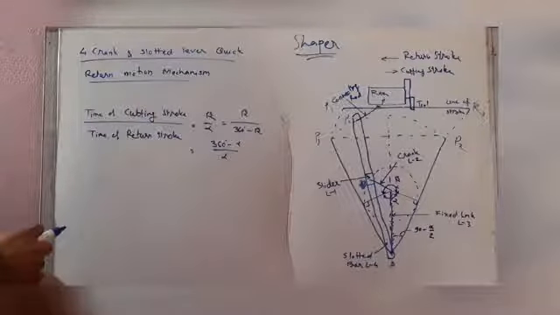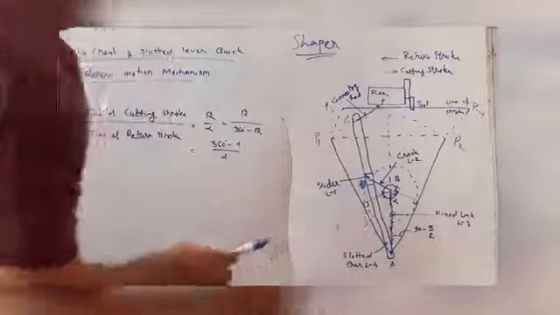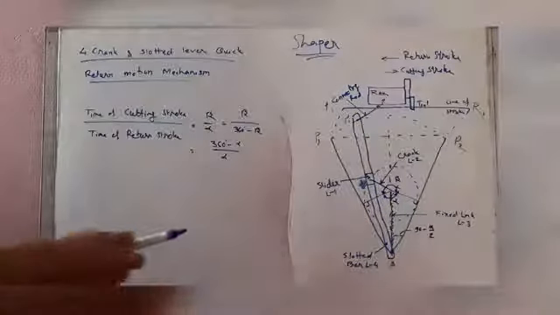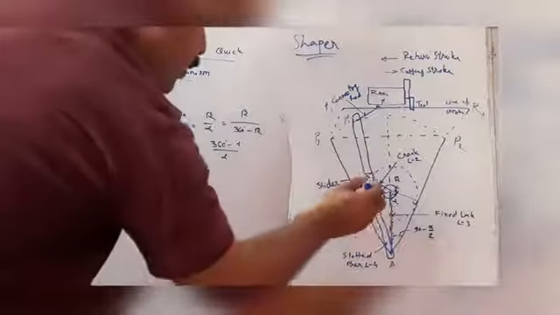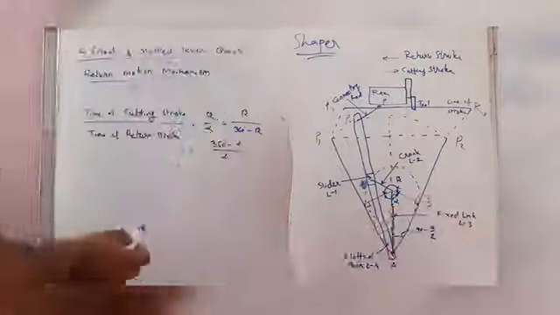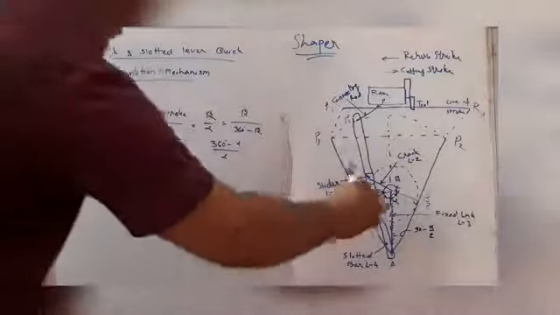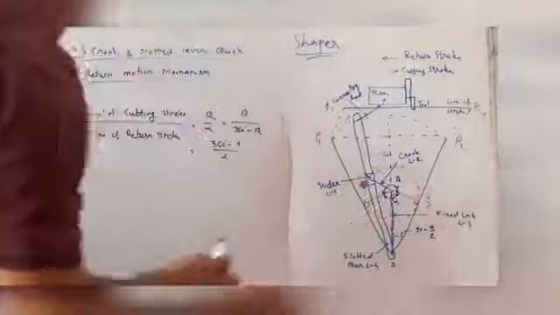The forward or cutting stroke occurs when the crank rotates from position CB1 to CB2, this one is B1 and B2, in the clockwise direction.